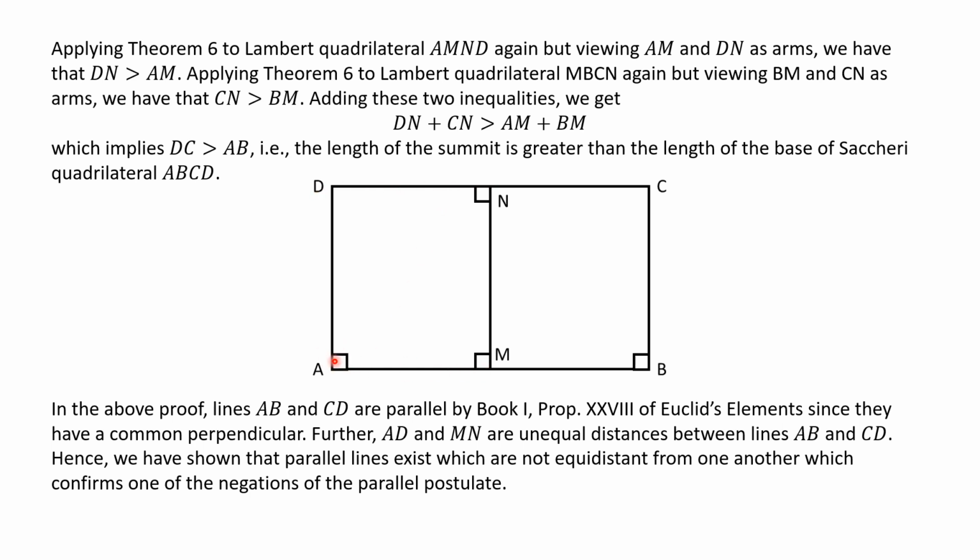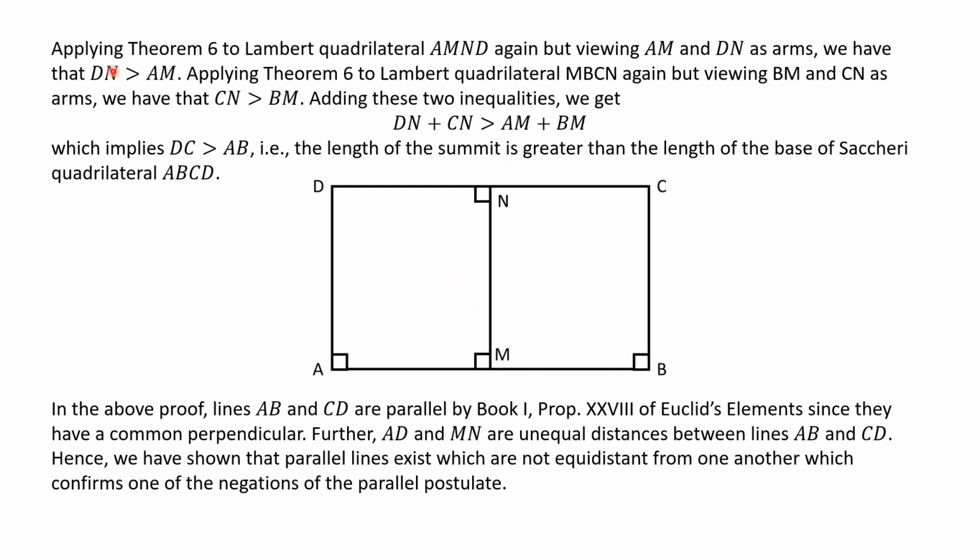And since this angle here is bigger than this angle here, we have DN, this segment here, is greater than AM. And then we do the same thing with this Lambert quadrilateral, but again we look at the base as being NM, the summit as being CB, and then these would be the arms NC and MB. And so we have that CN, being opposite the larger angle here, is greater than BM.